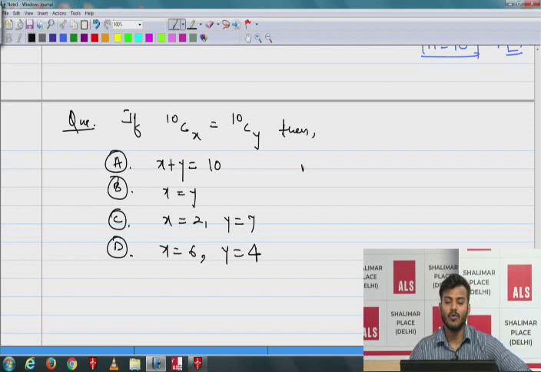This is more than one correct type. So please take care of the options. You have to check all the options.